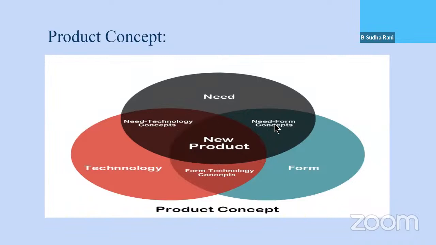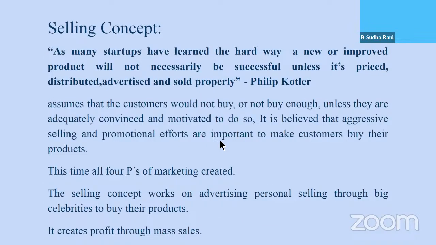Whoever uses these need, form and technology concepts, whoever has all these three and comes with a new, innovative product, will have more sales. So the product concept says the more the quality, the more the demand. The quality of the product itself creates its own demand.